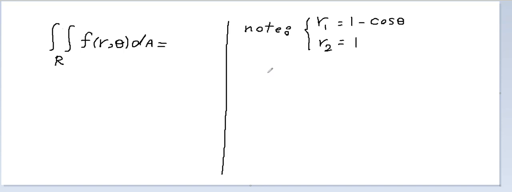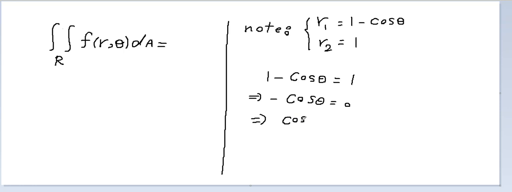So we have 1 minus cosine theta equals 1. From here we get minus cosine theta equals 0, and then from here we get cosine theta equals 0.